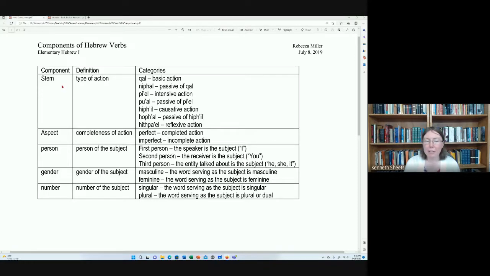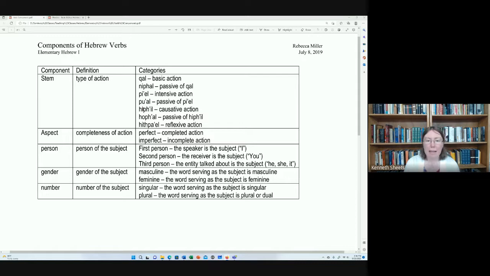So as far as stems are concerned, that is the type of actions, we have a total of 7 stems in Hebrew. The Qal, which is the basic action, I broke the plate. Nifal, which would be the passive of the Qal, the plate was broken by me. Piel, intensive action, I shattered the plate.